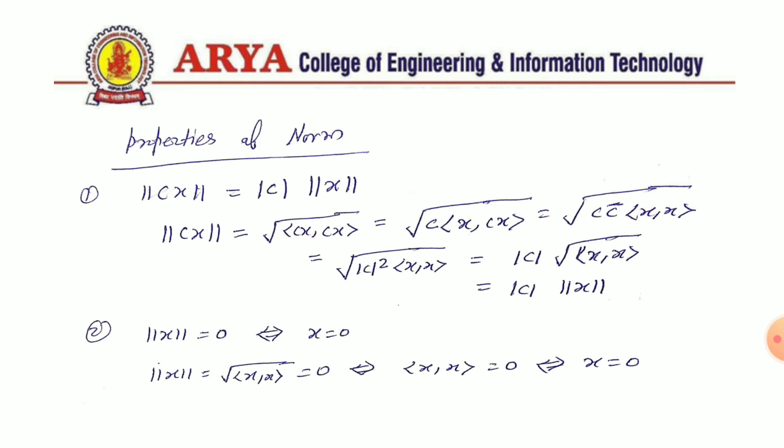So we get square root of modulus of c squared and inner product of x and x. Then we get modulus of c and norm of x.